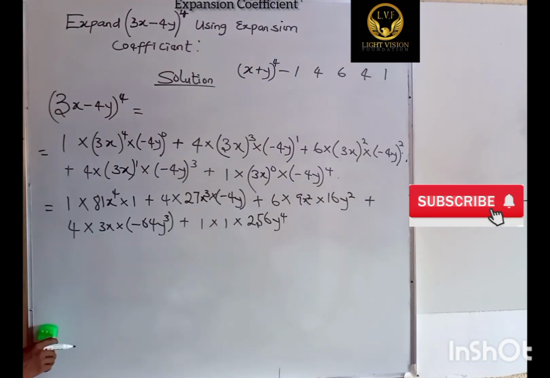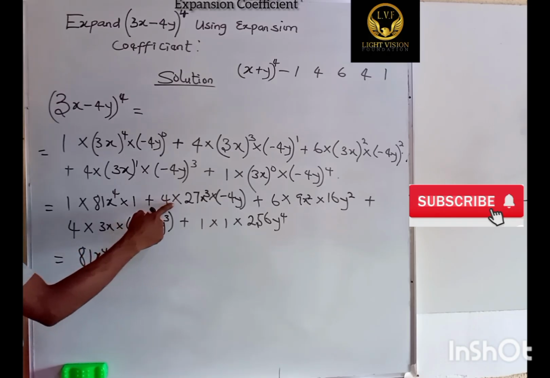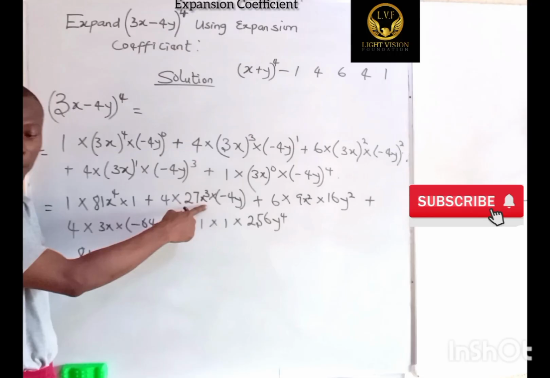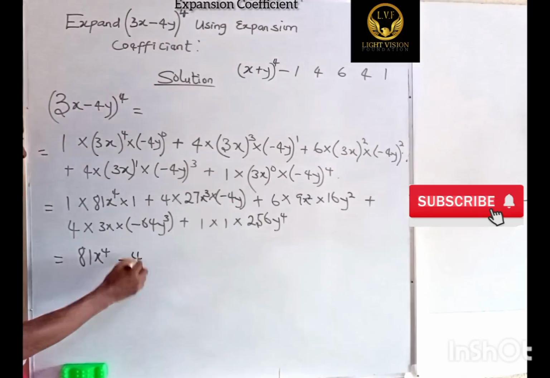Okay, so this gives us 1 times 81x^4 times 1, which is 81x^4.